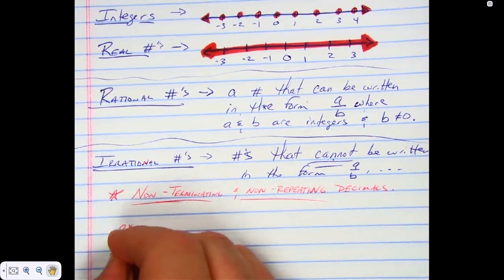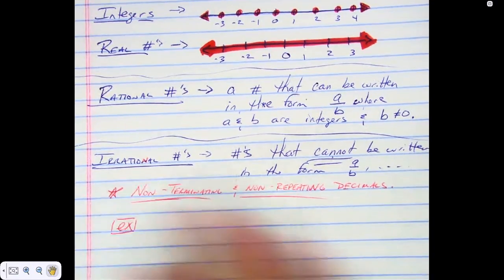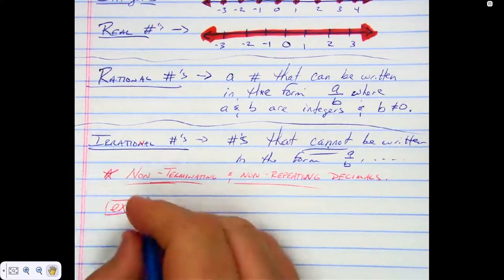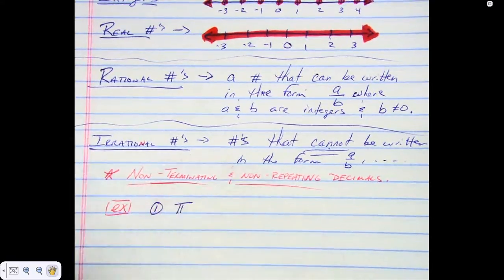Can anybody give me an example of a non-terminating, non-repeating decimal? One example would be pi. You guys have heard of the number pi, right? It's a non-terminating, non-repeating decimal. That's what makes it special. Okay?